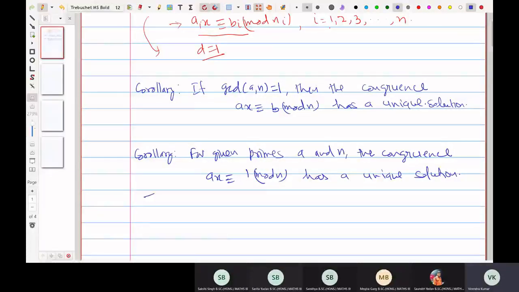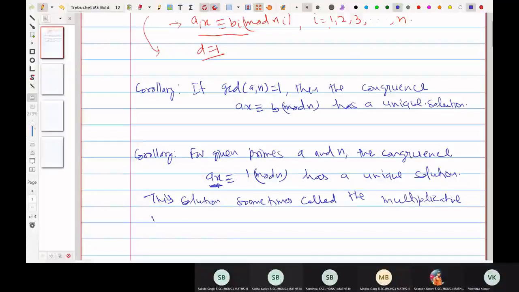You know that when A is given and we want to find x such that their product is congruent to 1 modulo n, it means that we are searching for the inverse of A. So this solution is sometimes called the multiplicative inverse modulo n.